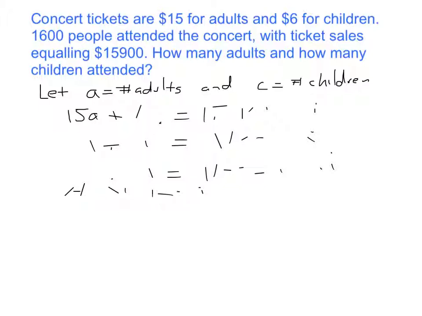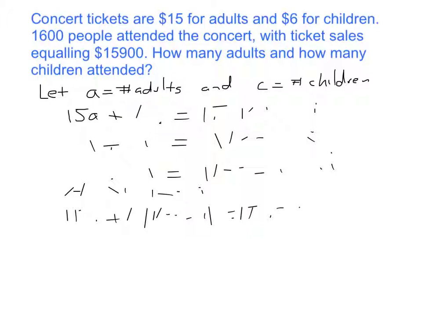So we'll write out equation 1, but wherever we see C, we're going to replace it with 1,600 take away A. So we have 15A plus 6 of 1,600 take away A, equals 15,900.